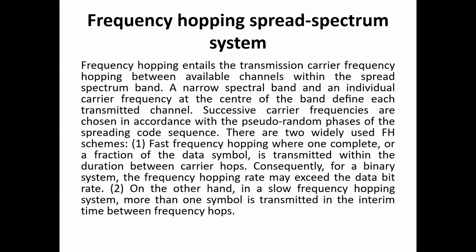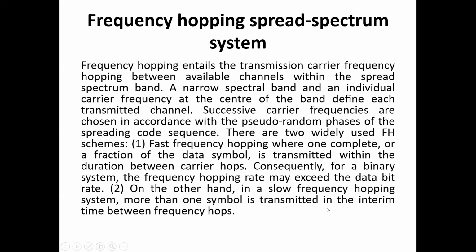Fast frequency hopping is where a complete or a fraction of a data symbol is transmitted within the duration between carrier hops. Okay, what does it mean? It means that the hopping frequency is greater than the bit rate.